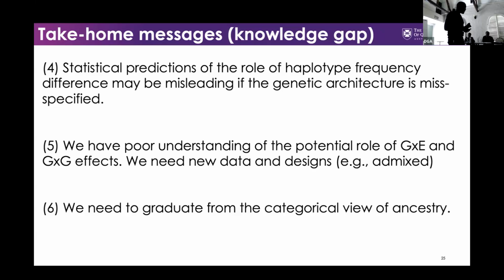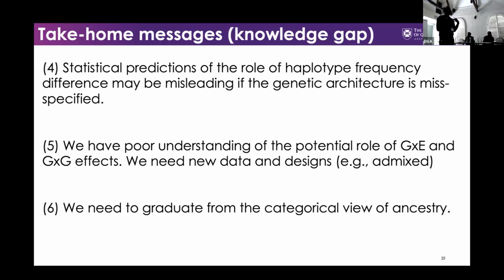So 5. Yes, I just wanted to emphasize where the knowledge gaps are. For 5, this strategy that we have, not just us but some of the papers that people have published around these questions lately, often ignores the presence of G by E or G by G. And maybe some of those conclusions will be slightly distorted.